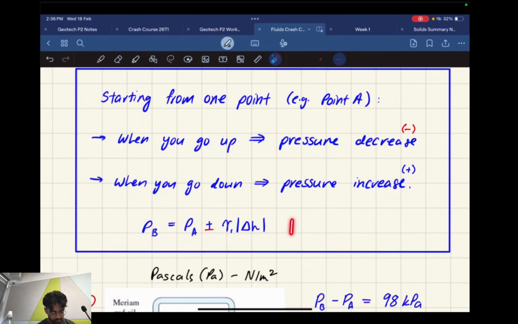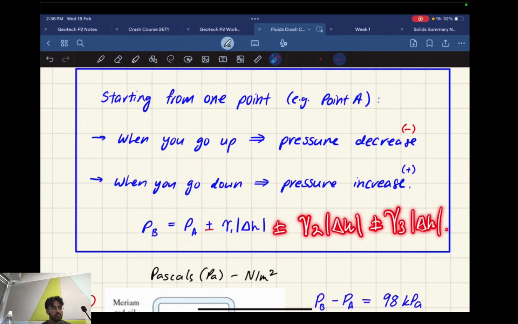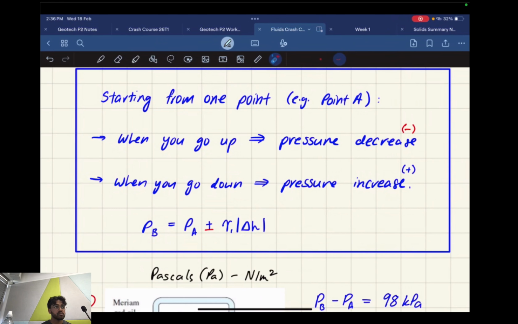P_B, the pressure at point B, is the pressure at point A plus or minus the unit weight of the fluid times your change in height. Okay? And you're going to keep adding on terms. So you might have a different one here. You might have a different one here. You keep adding these changes in pressure based off how many fluids you have.